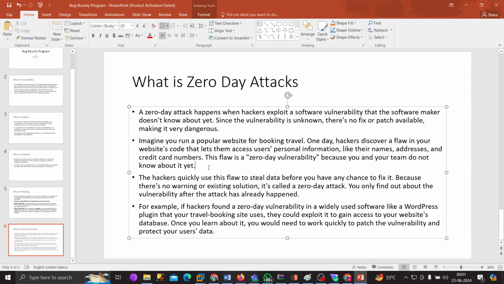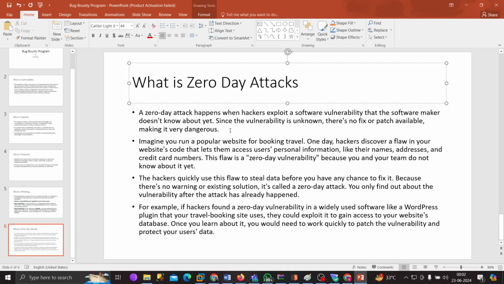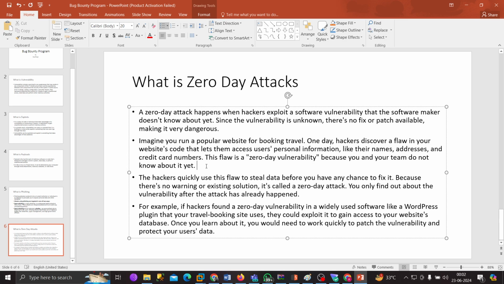So if I found a zero-day vulnerability, I will quickly use this flaw to steal data from your systems. Therefore this is very dangerous for any organization. So zero-day and CVE, if you master this vulnerability, you are a great hacker.